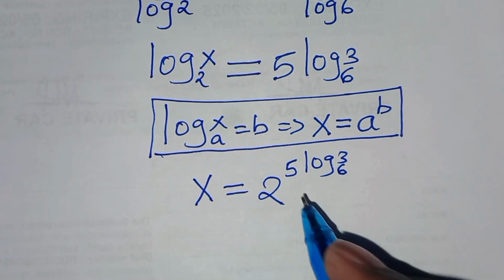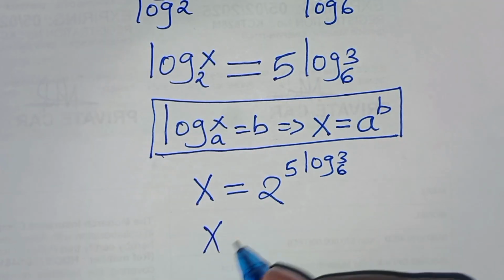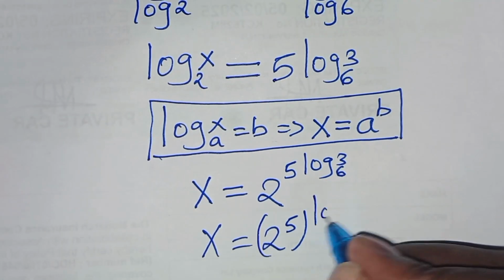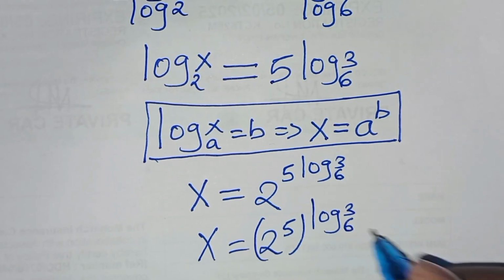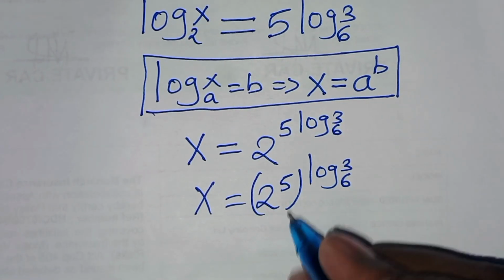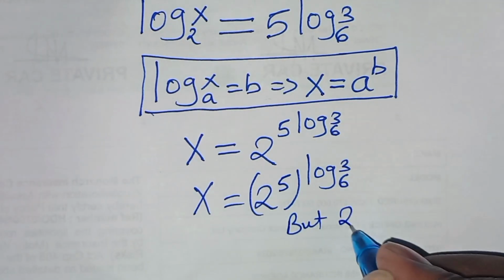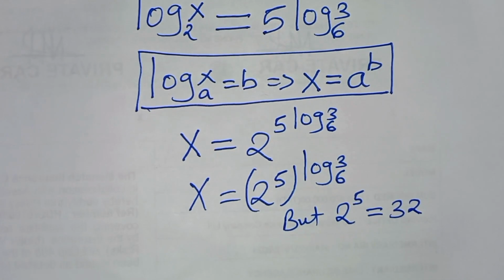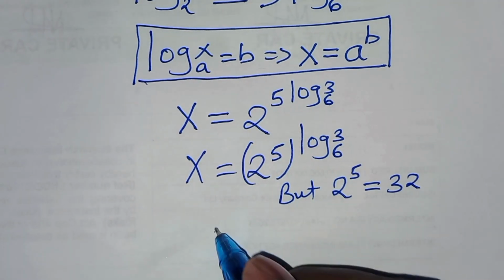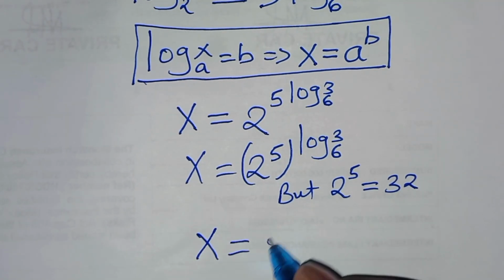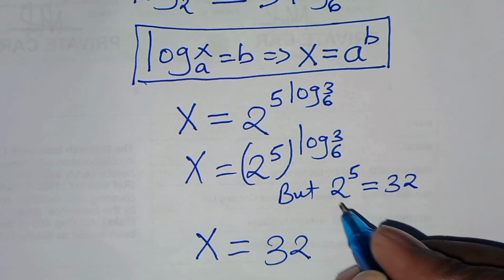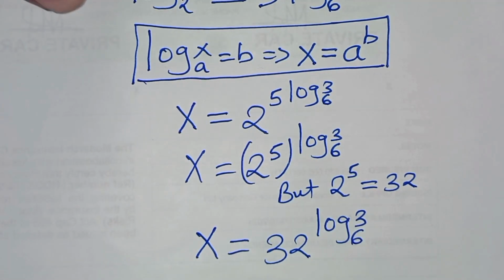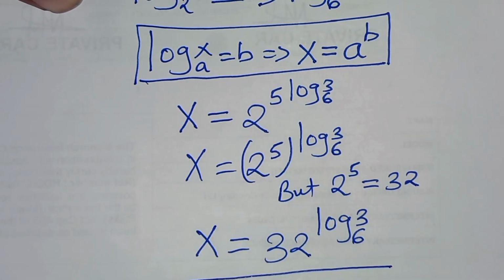So x is equal to 2 to power 5 raised to power log 3 to base 6. But 2 to power 5 is equal to 32. So the value of x here will be equal to 32 raised to power log 3 to base 6.